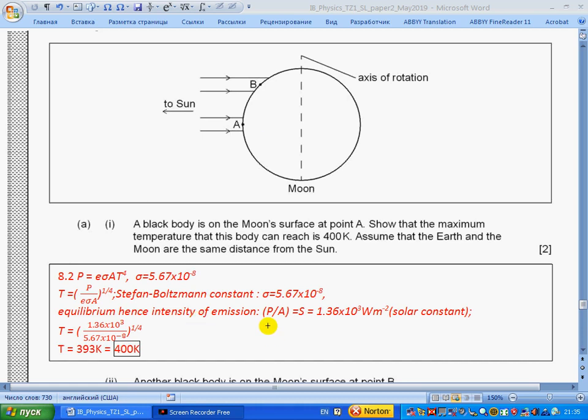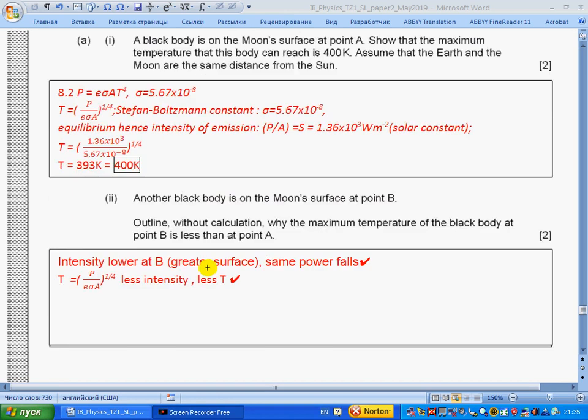It means that power per area, which is intensity, should be equal to the solar constant. The solar constant is given in the booklet. We substitute this value: e is 1 for a black body, sigma is the Stefan-Boltzmann constant, and power over area is the solar constant. Substituting these values, we get 393, which is about 400 kelvin.